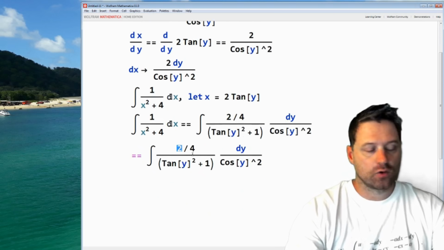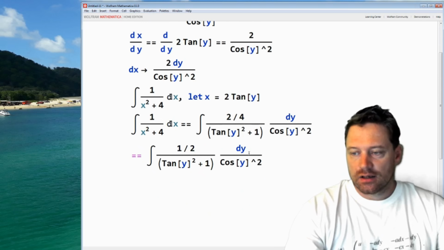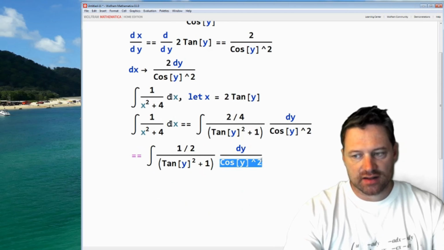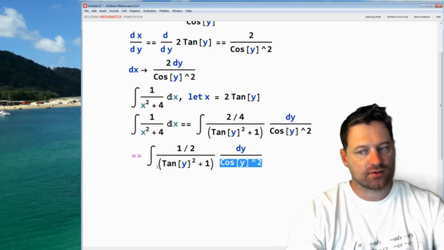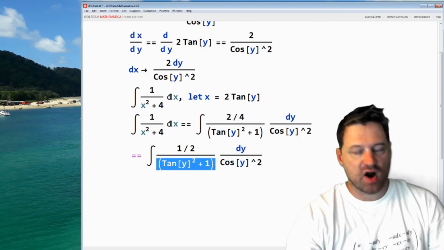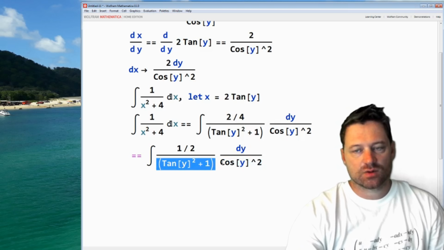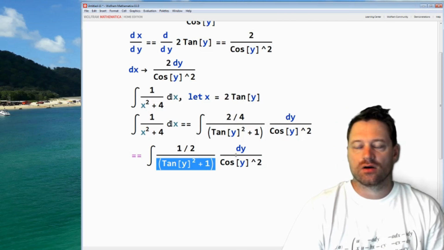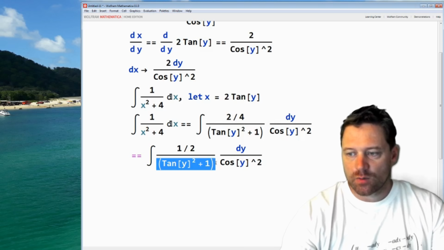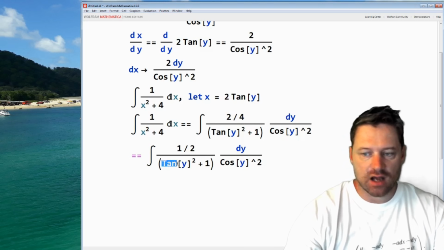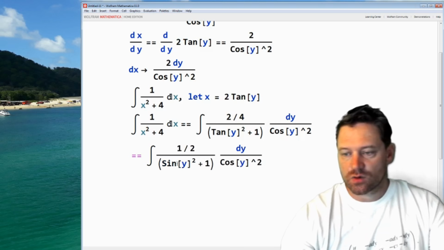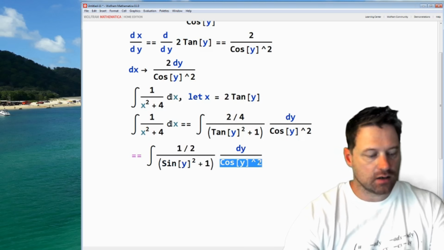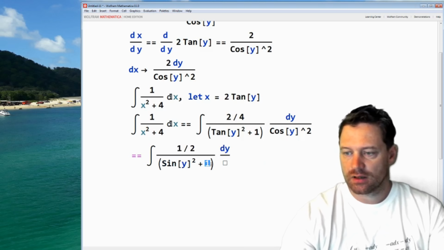Now 2 over 4 is 1/2. Okay, but we want to multiply this cos squared y through and expand over this bracket. All right, now tan squared y is sine squared y over cos squared y, so we can cancel the cos squared y in that. And when we do that, we have sine squared y, and then we will move this.